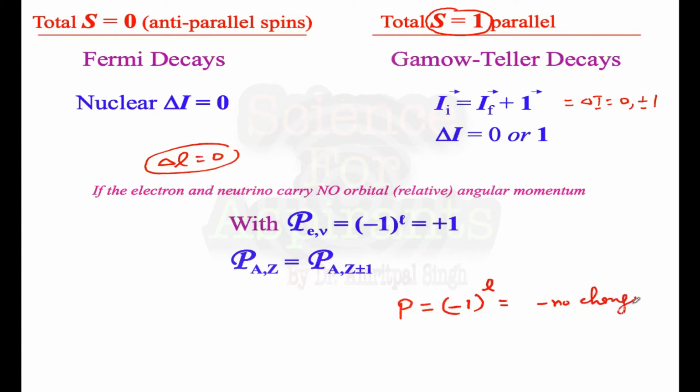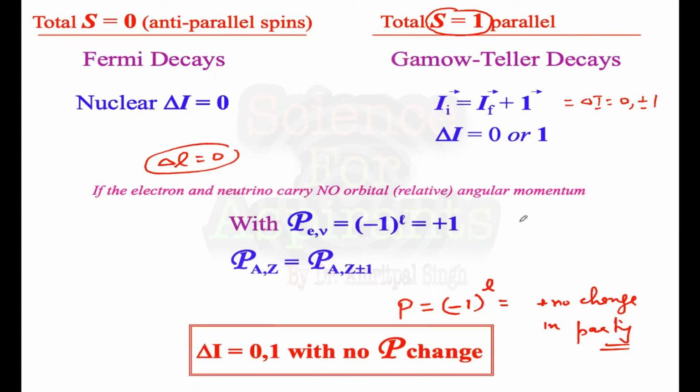So how can we identify an allowed transition? If delta I is 0 or plus or minus 1, and there is no change in parity, then those transitions are known as allowed transitions.